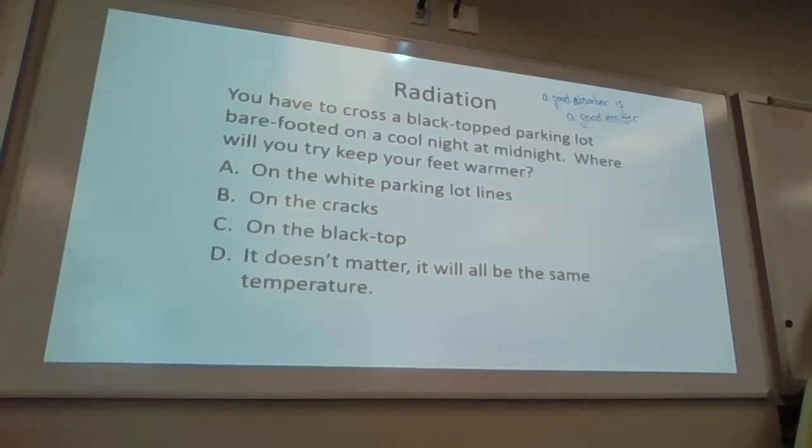Where should you walk? Black top or white? The white, because the white is a poor absorber, but it's also a poor emitter. The black top will cool off faster because it emits this radiant energy at a higher rate than the white reflective stuff. Whew, good with that. There it is.